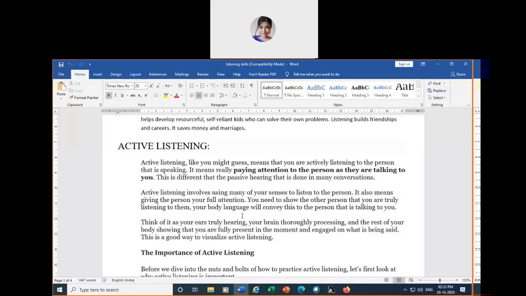So there are a lot of other ways to respond. It's not always words that you have to use to respond to somebody. You can also use gestures, your body language, and your expressions to respond to a person properly.